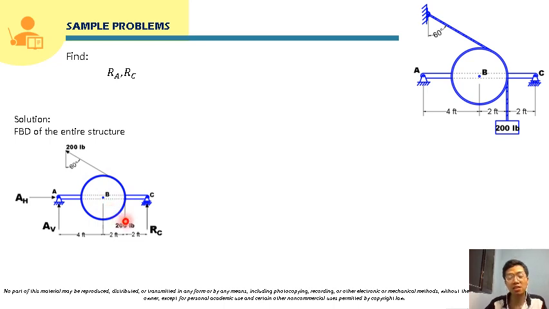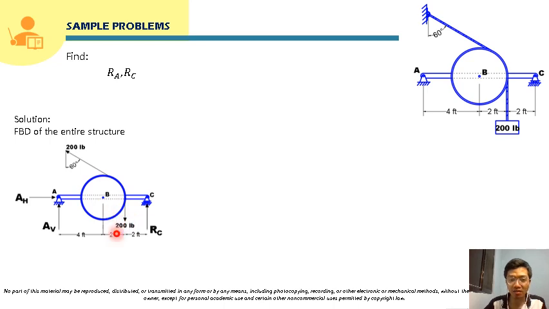As we have discussed in our discussion of the frictionless pulley system, if we have a cable with a force, let's say this is 200 pounds, and it is supported by a frictionless pulley, then along the continuity of that cable, that force will be constant.